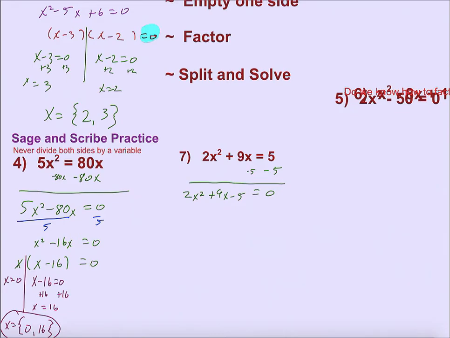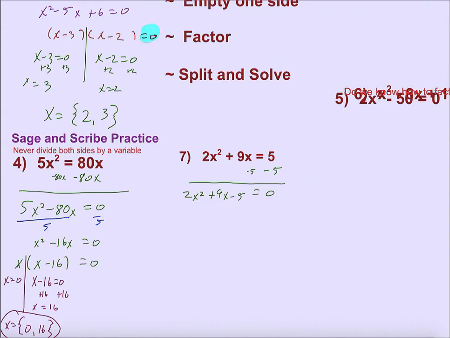Step 1, done. Step 2 is to factor. Remember, when you have that lead coefficient there, it does get a little bit more complicated to factor. This is what we learned how to do at the end of last unit. We are going to need to chop that 9x into 2 terms so that we can factor by grouping.